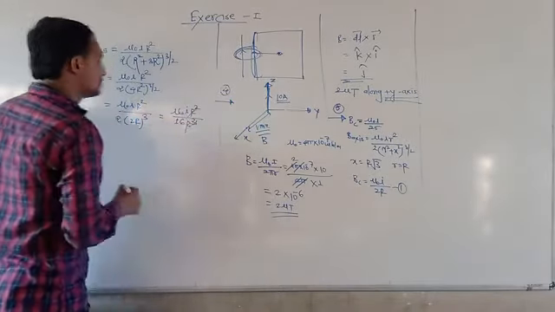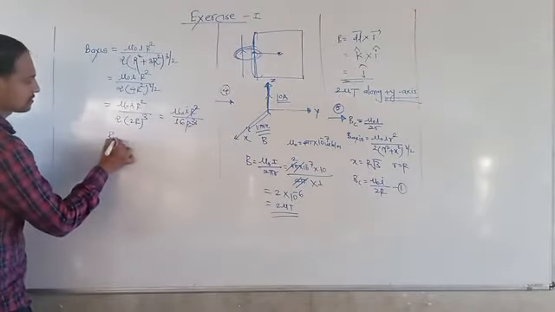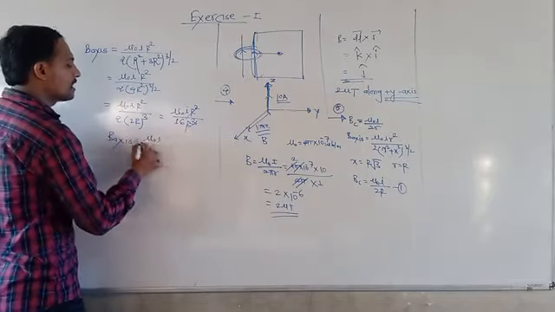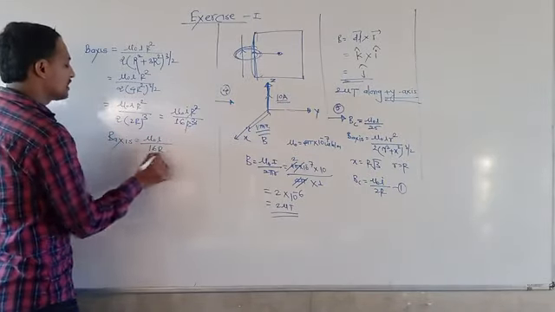So r gets cancelled. B axis is equal to mu 0 I upon 16r.